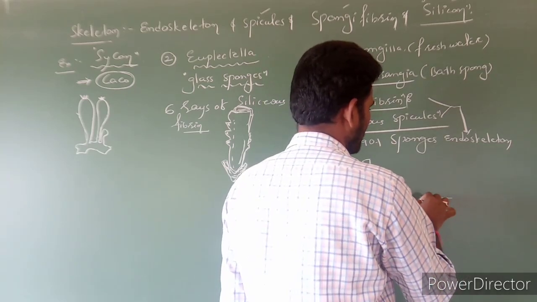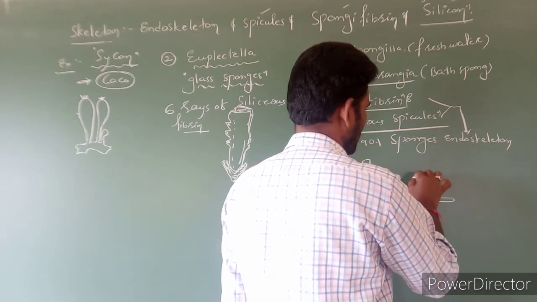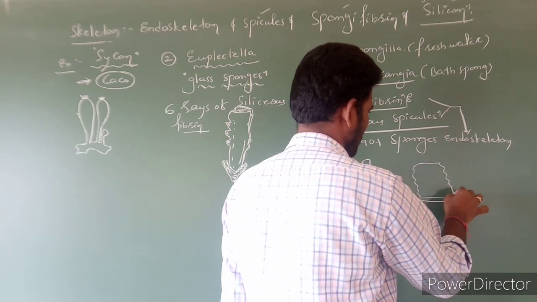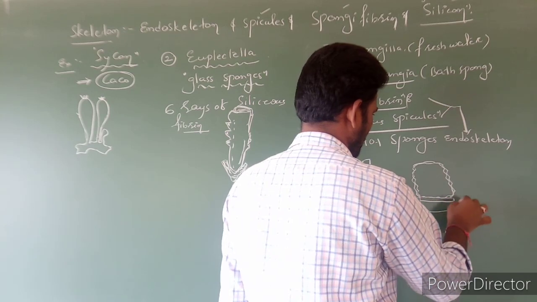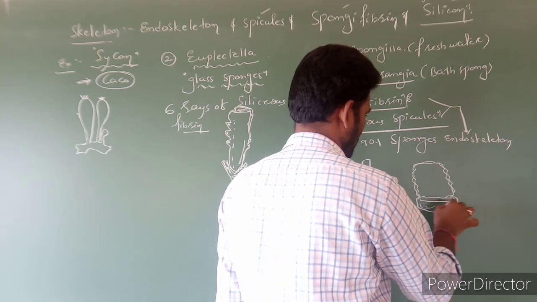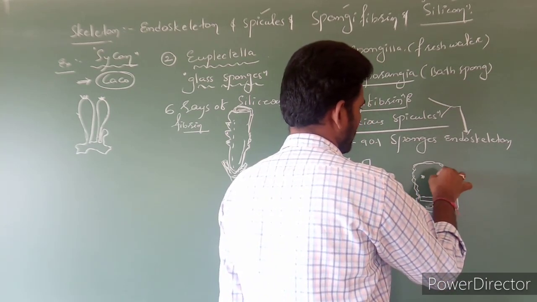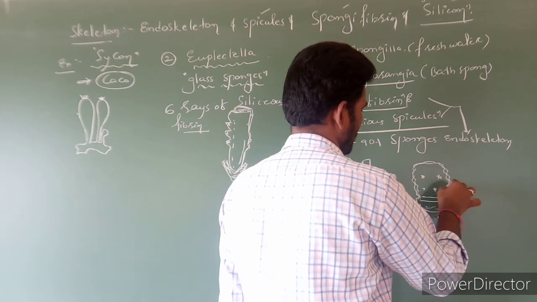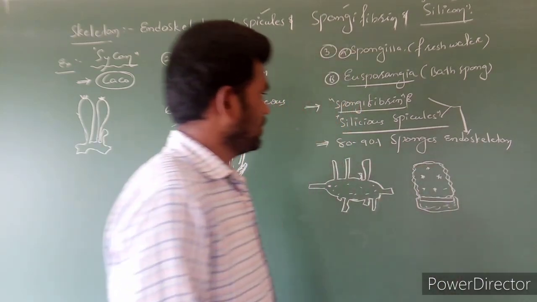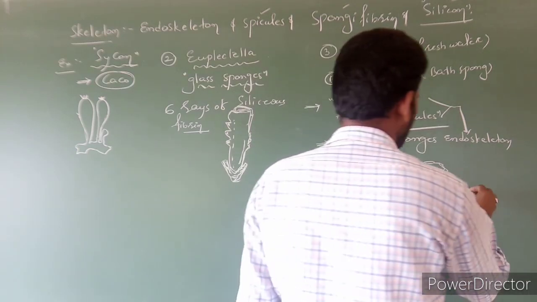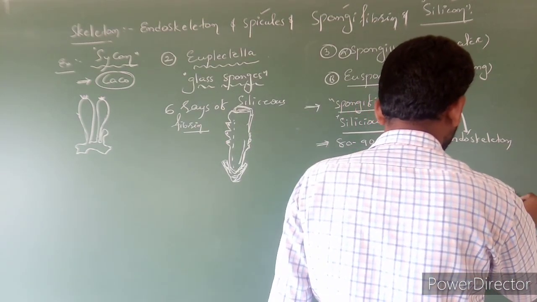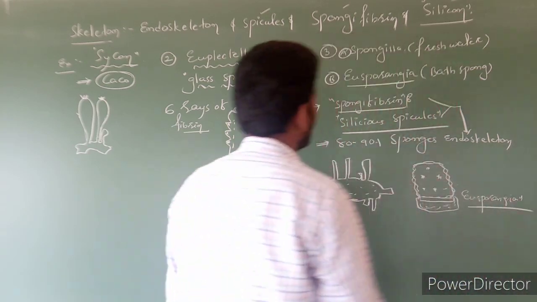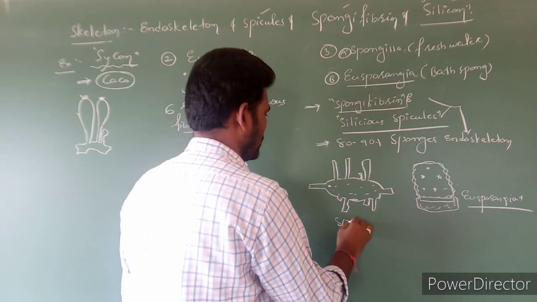The simple diagram is. So this is Euspongia.